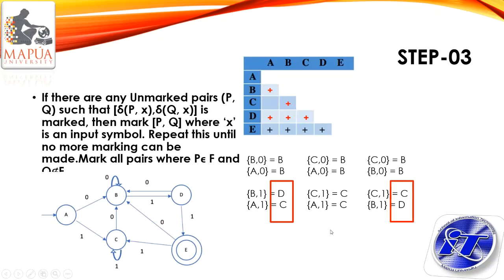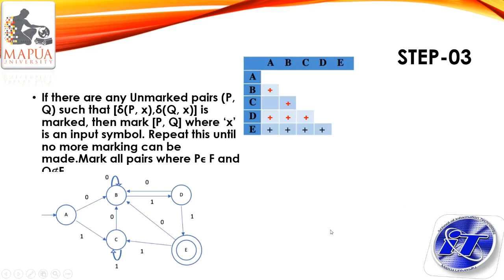Okay, so in step 4, we're going to determine the grouping of our states. If all cells related to a certain state are all marked, it will be one group. So it will be independent. That cell will be independent.